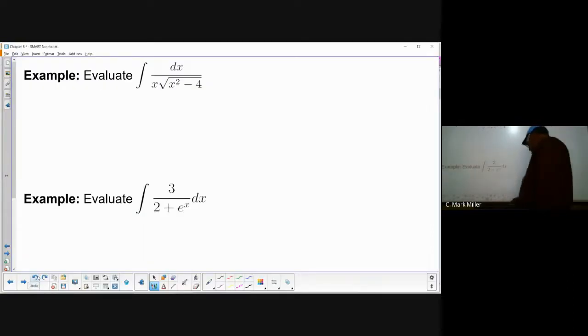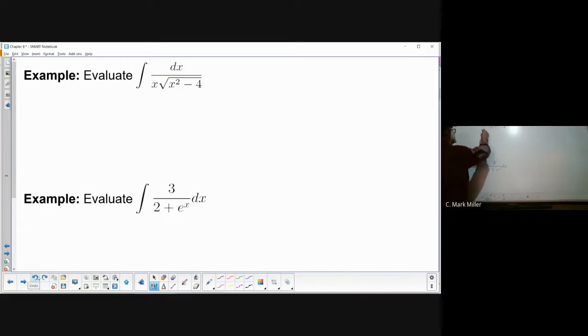So if we let u be x, that's a u squared minus 2 squared. So u is x, a equals 2.